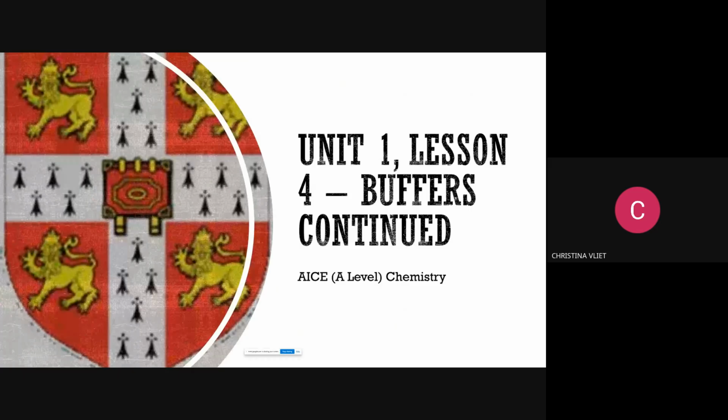Buffer formula. This is weak acid. This is conjugate base. This is free acid in the solution. This is weak acid that's not dissociated. These two are not the same. Does that make sense? Yeah.